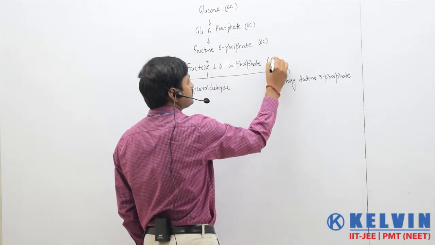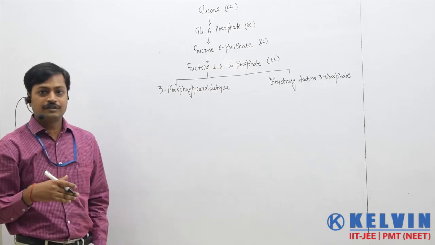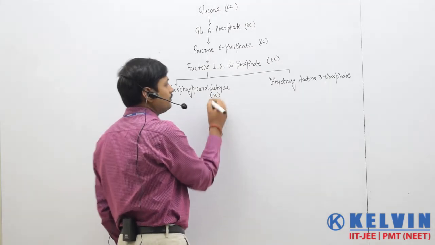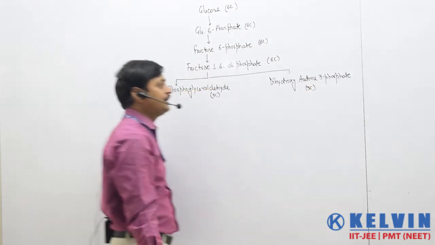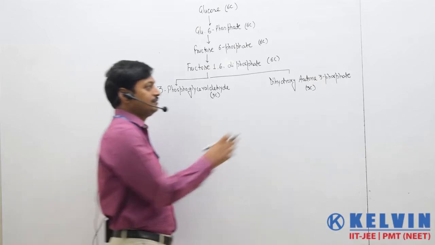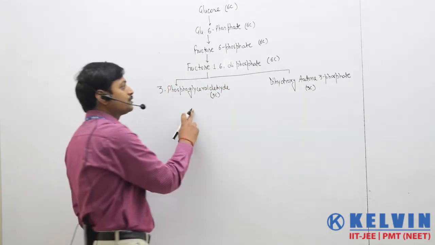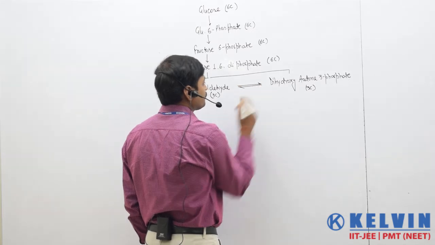This is itself 6-carbon. So glyceraldehyde, which is the simplest sugar, is a triose sugar. So it is also a 3-carbon compound. This is also a triose sugar, but exists in ketonic form, dihydroxyacetone. Third carbon phosphate is added. So it is dihydroxyacetone 3-phosphate. These two are isomers, so they can be interchangeable.